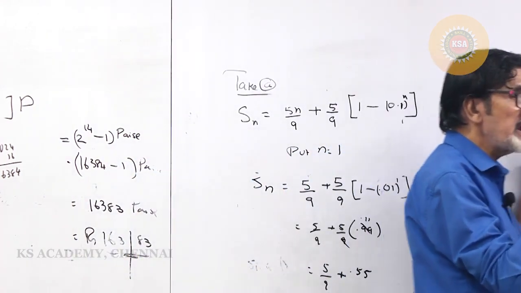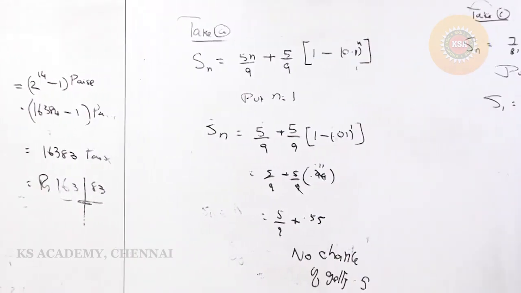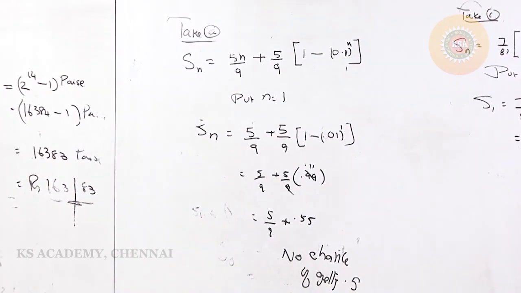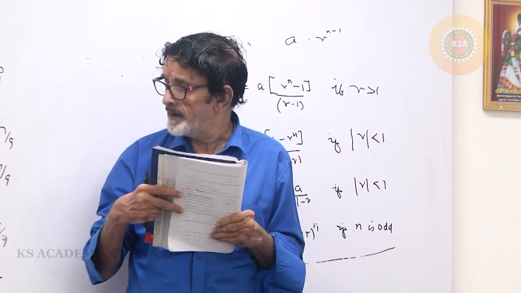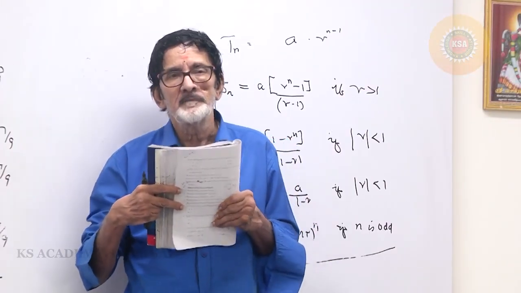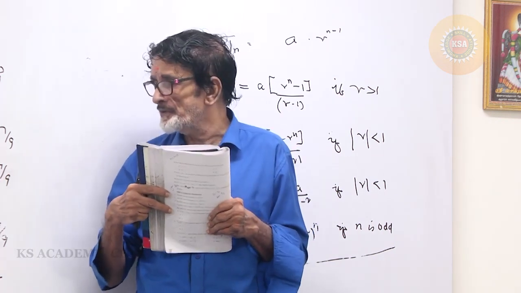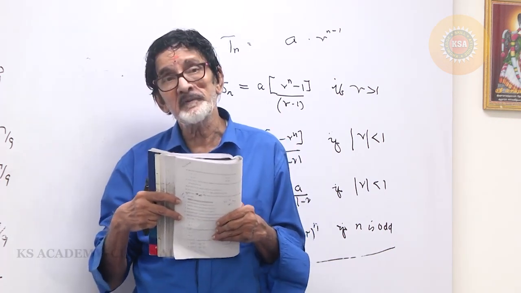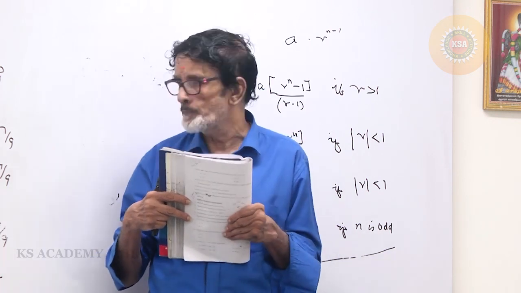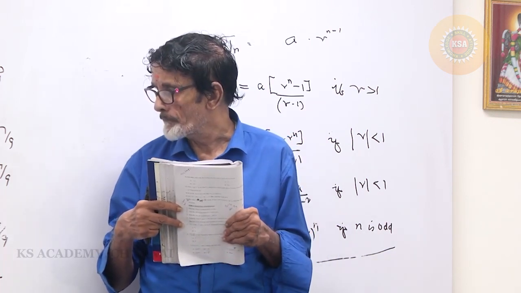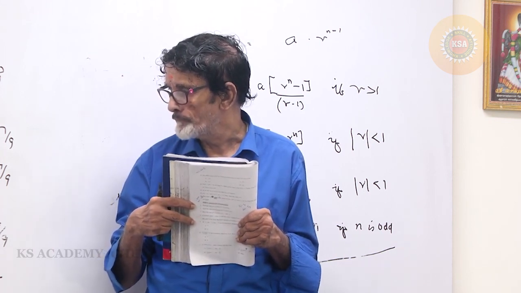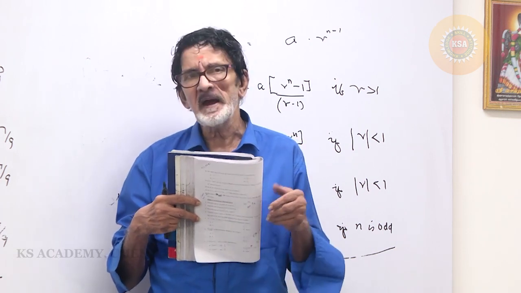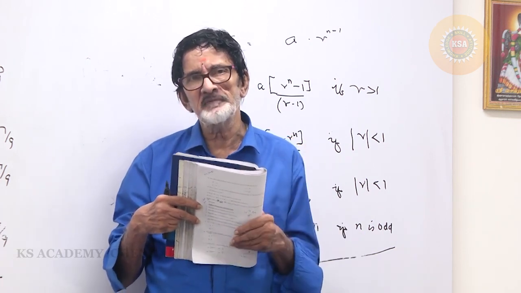You are adding 0.55. How can you get x 0.5? 5 by 9, that is equal to, if we calculate 9 by 5 by 9, 5 recurring series. You are adding 0.55, no chance, your answer will be more than 1. If you add 0.55, your answer is more than 0.55.